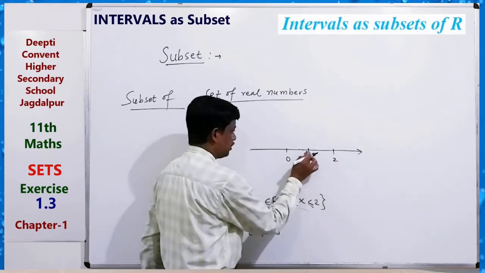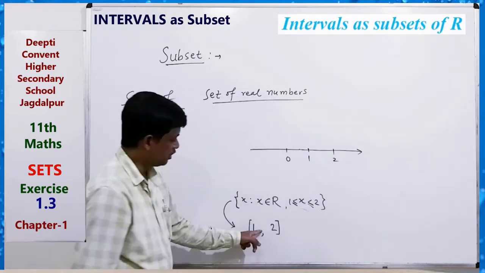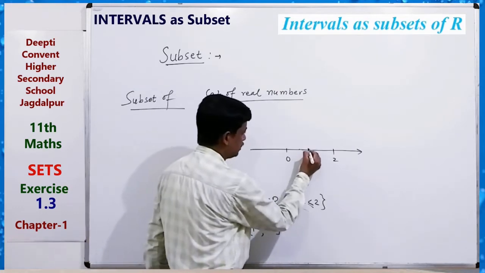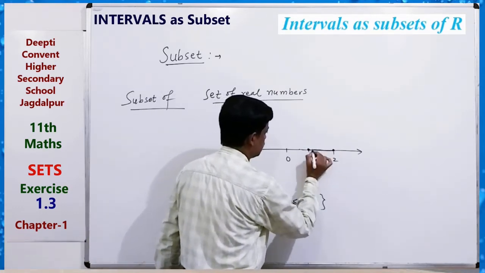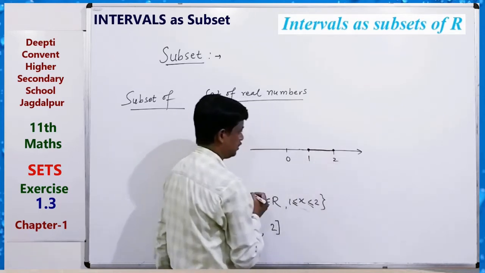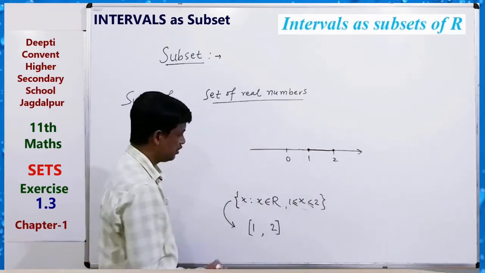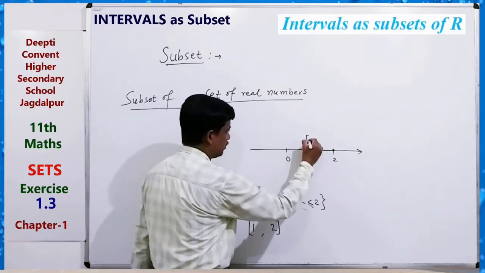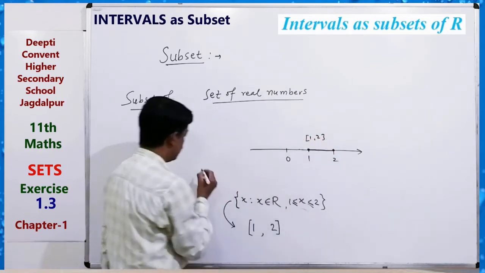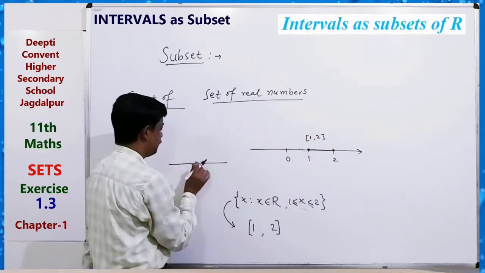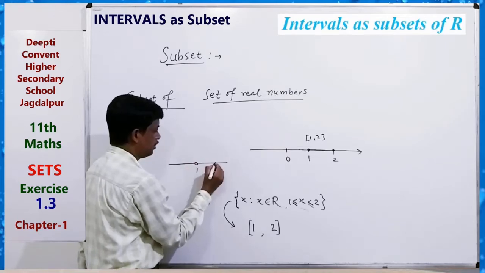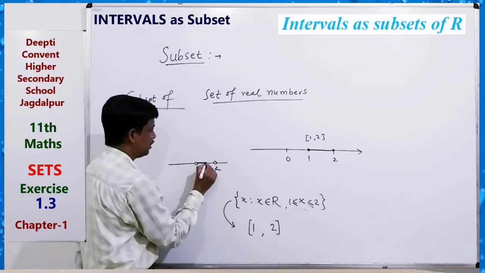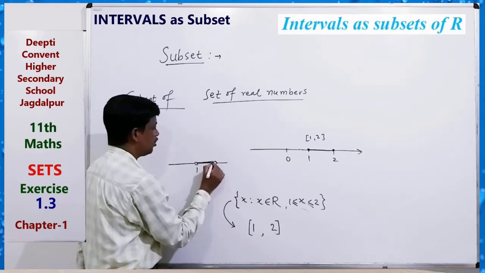For denoting this, we note it like this, bold. And if this represents (1, 2), that means 1 and 2 are not included.